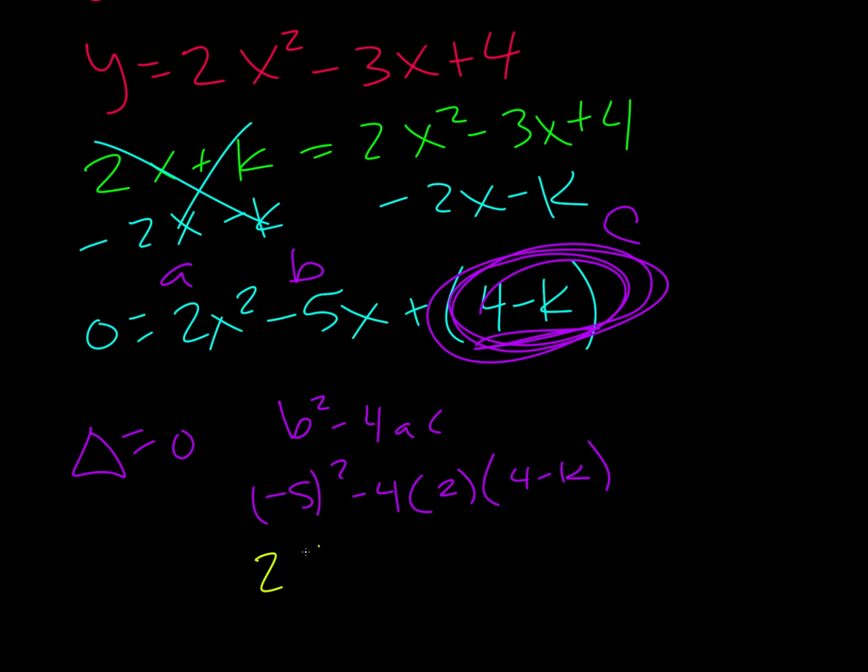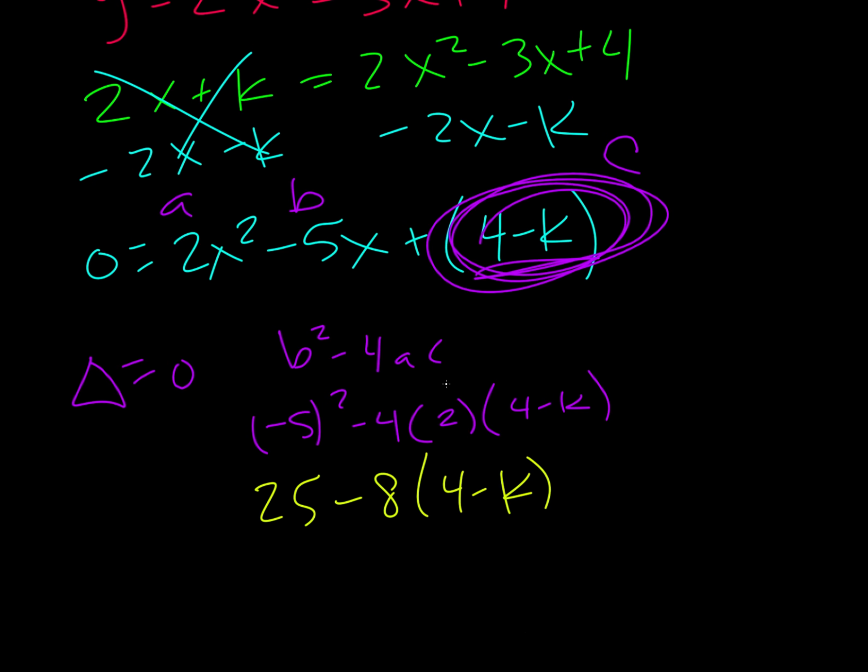All right, so we get 25 minus 8 times 4 minus k. So we'll need to distribute that negative 8. And so we get negative 32 plus 8k. Then we still have this 25. If we combine those, we get negative 7 plus 8k.